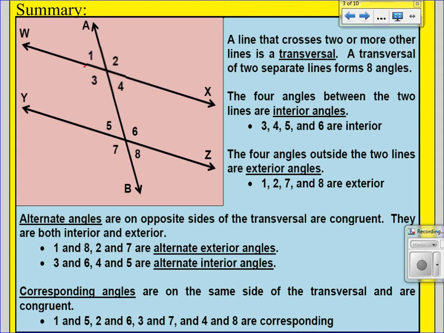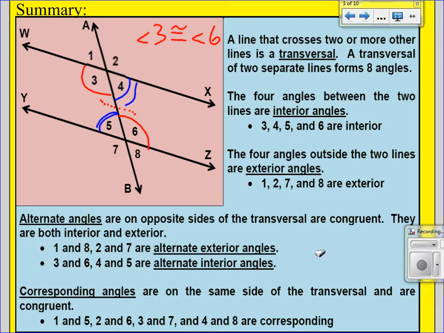So angle 3, we go across the transversal. So take like a dotted line, we're going across the transversal. And the alternate interior angle to angle 3 is angle 6. Therefore, angle 3 is congruent to angle 6. They have the same measurement. And along those same lines, angle 4 is congruent to angle 5 because they are alternate interior angles.